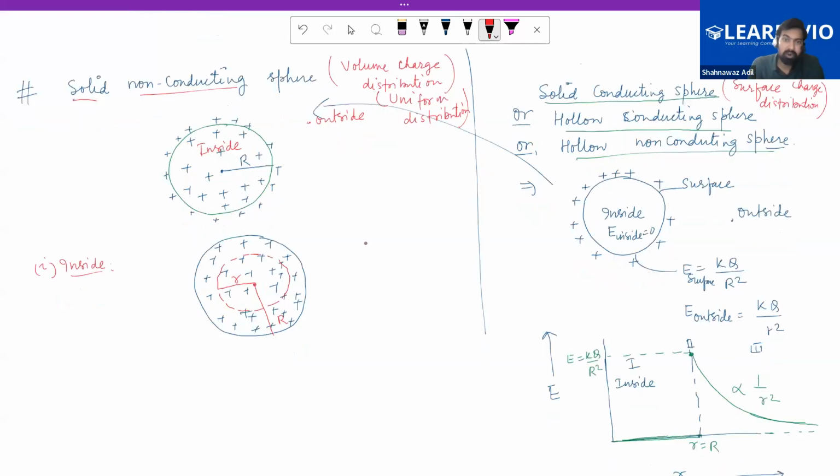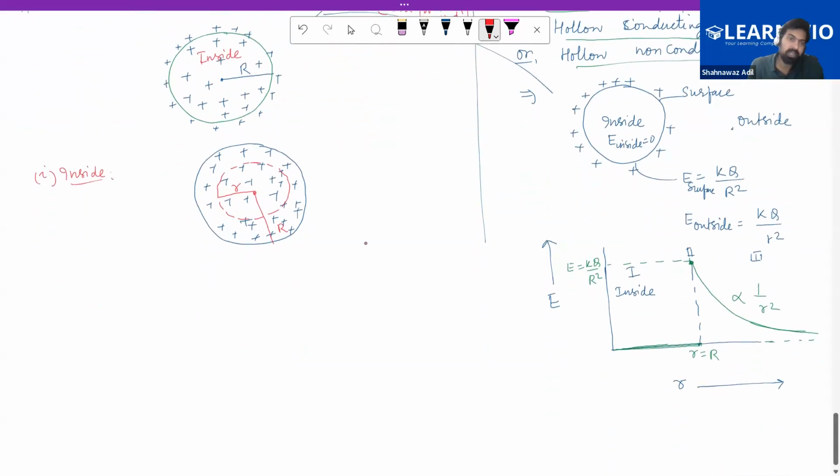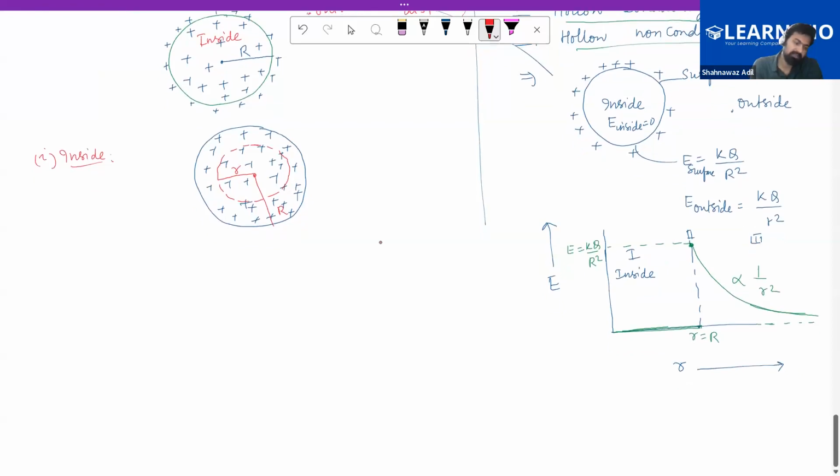Now we know what Gauss law is. Applying the Gauss law, what does Gauss law say? This is the integral of E dot dS, equal to Q enclosed by epsilon.